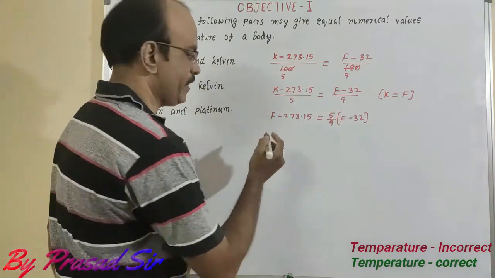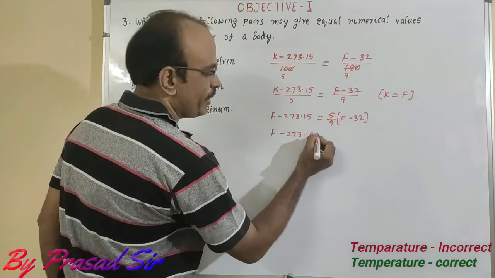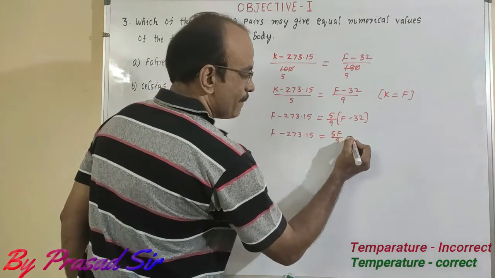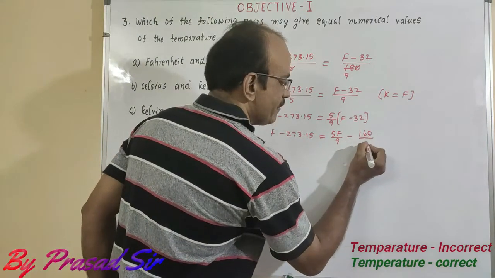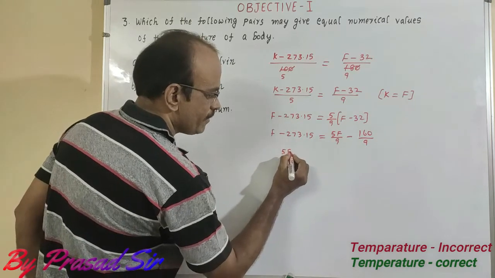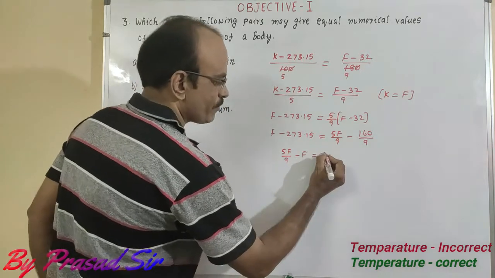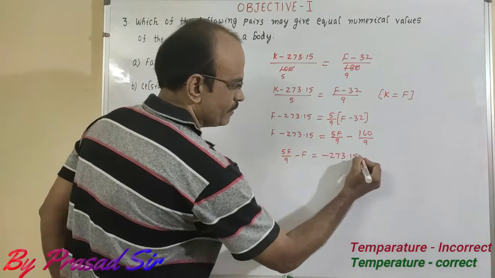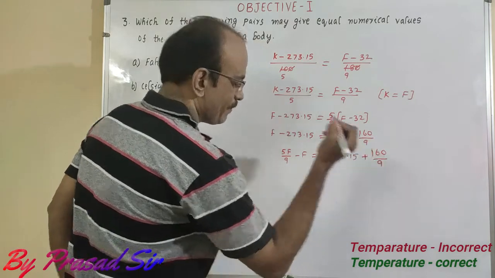So F minus 273.15 is equal to 5F by 9 minus 5 into 32 by 9, that is 160 divided by 9. Taking 5F by 9 to the other side, minus F is equal to minus 273.15 plus 160 divided by 9.